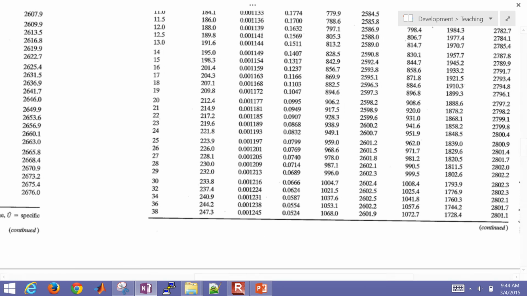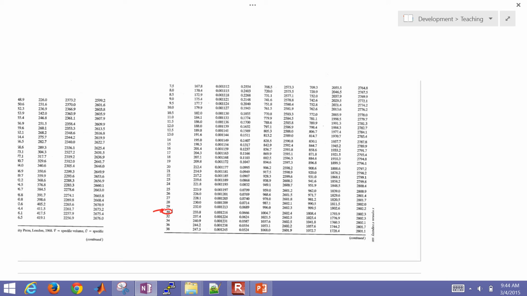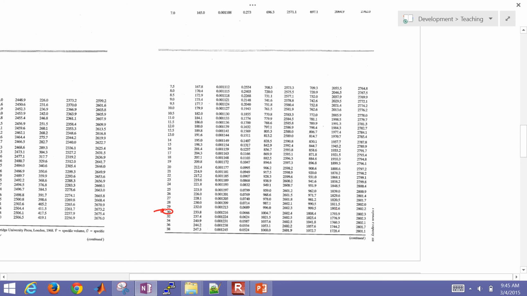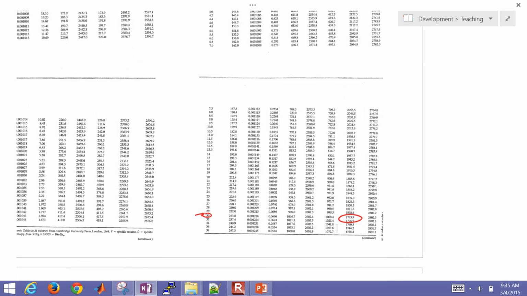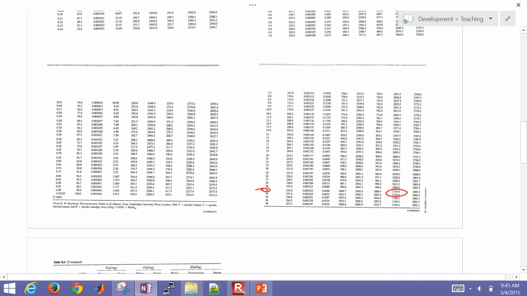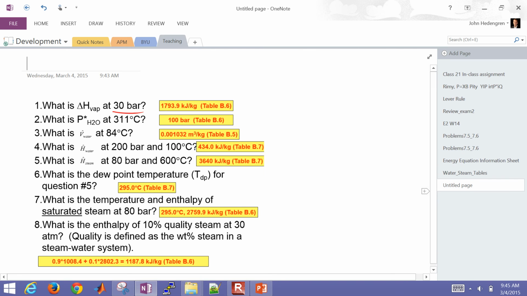The headings don't transfer between these, but here's 30 bar right here, and the heat of vaporization is over here: 1793.9, and that is kilojoules per kilogram. So we found the heat of vaporization, how much energy it takes per kilogram to vaporize water at 30 bar. Let's go back to our other one now.